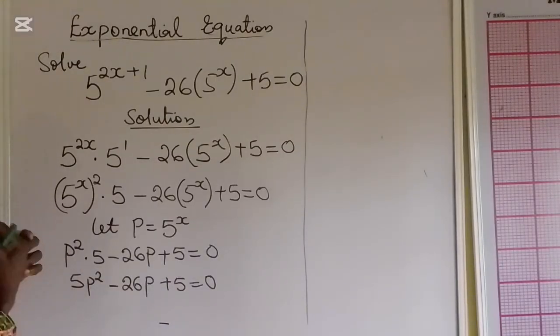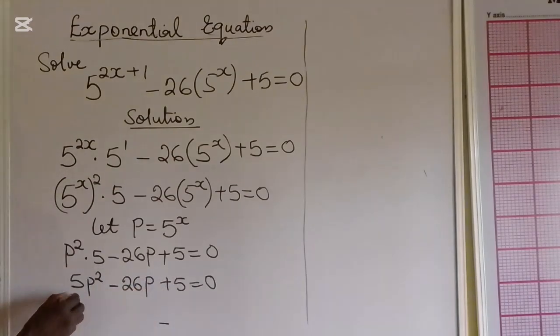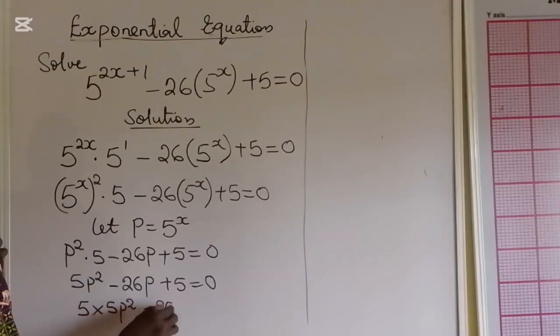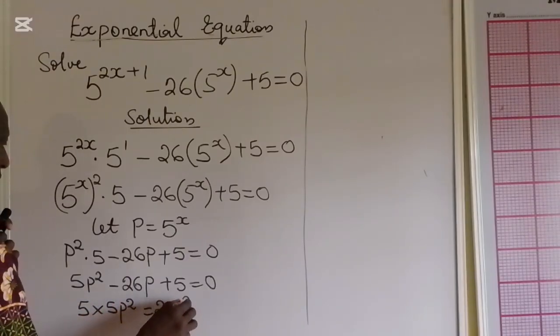So I will use the last term, which is 5, to multiply 5p squared. Let me write it properly so I can see it properly. 5 times 5p squared gives us 25p squared.